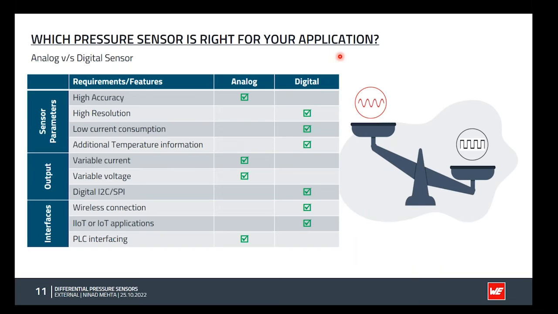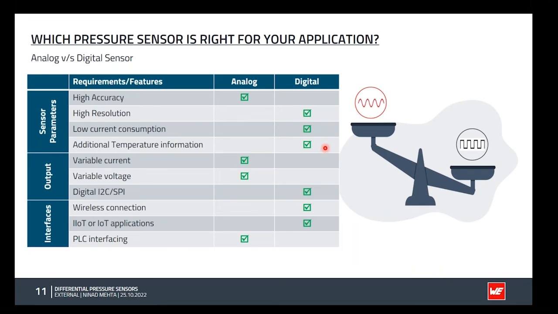For example, the analog sensors have very high accuracy, but digital sensors have a higher resolution based on the type of ADC you use. The digital sensors can have a very low current consumption overall, because the sensors sometimes have inbuilt interrupt functionality, where the host controller is put to sleep and only the sensor needs to be active, and the controller doesn't have to always ask for new pressure data.